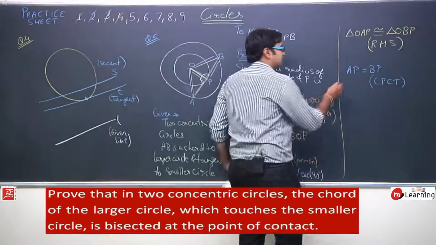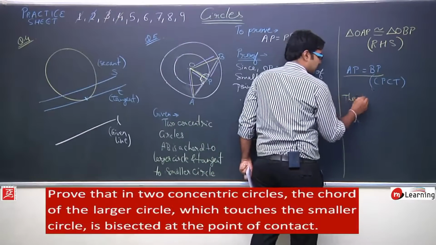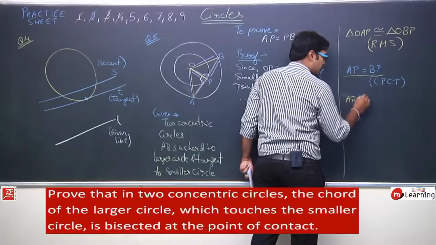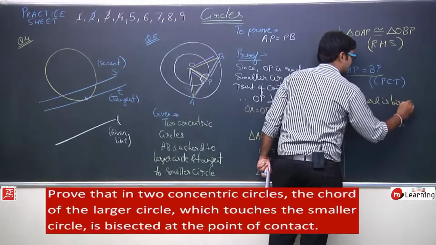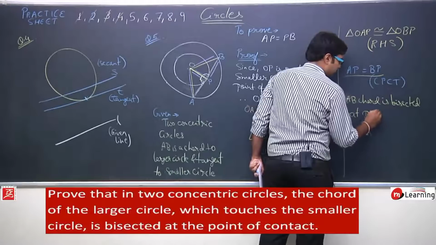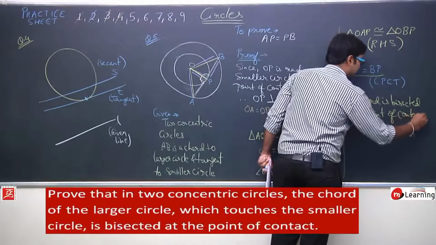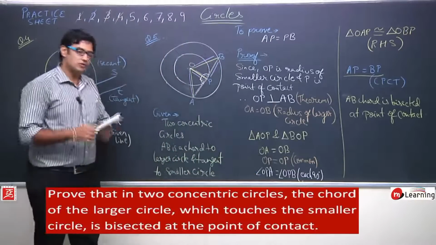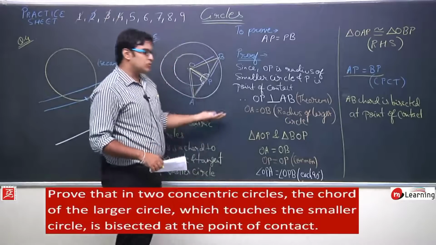Since AP and PB are equal, I can very easily write that AB chord is bisected at the point of contact, and the reason is AP is equal to BP. This proof is very simple.